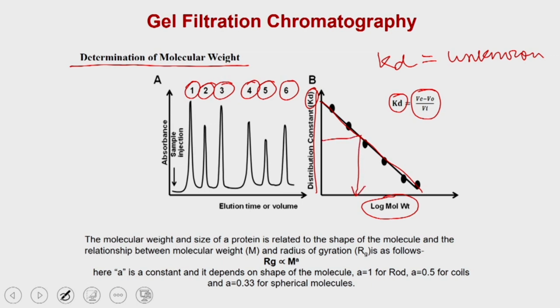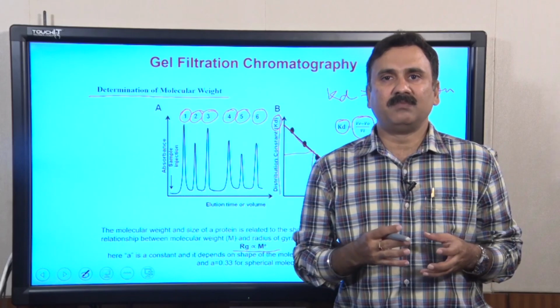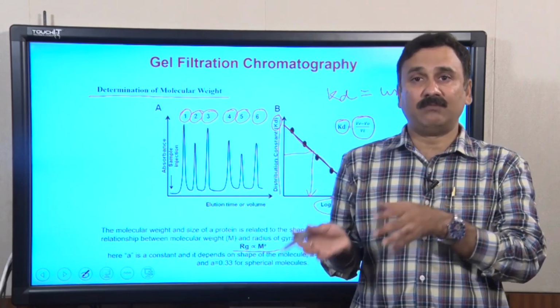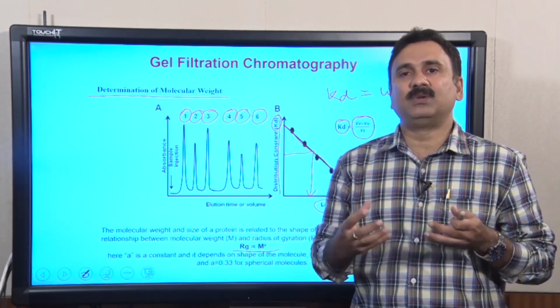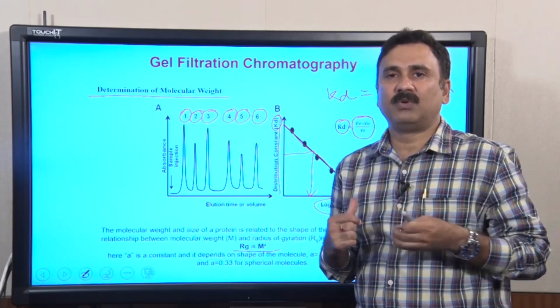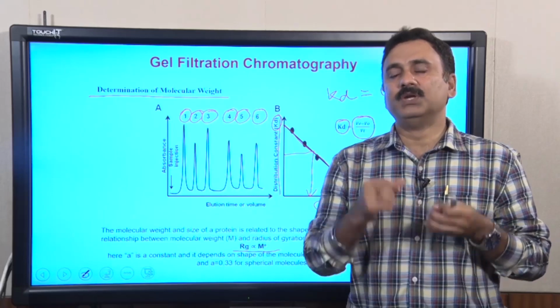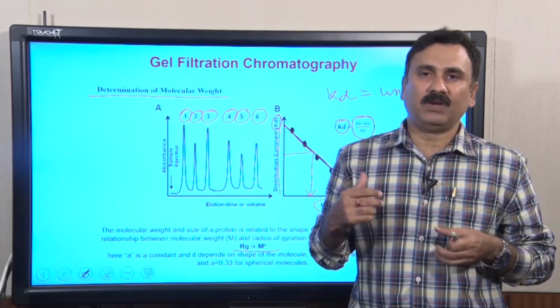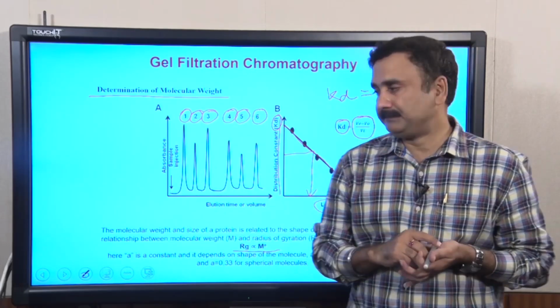The molecular weight and the radius of gyration are directly proportional. If you remember, gel filtration chromatography works on the principle of radius of gyration instead of molecular weight, so the relationship between the distribution constant and the log molecular weight can be used to calculate the molecular weight of that particular substance.